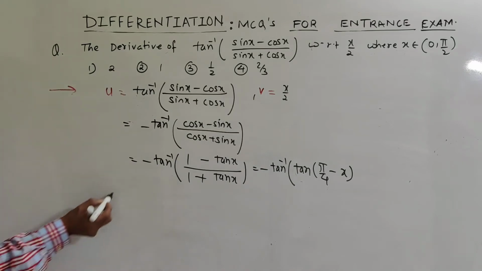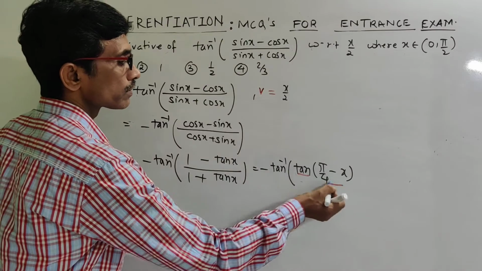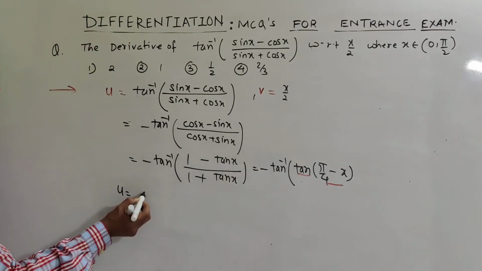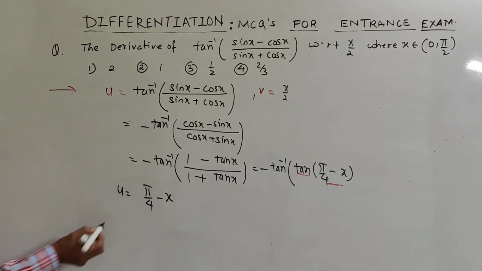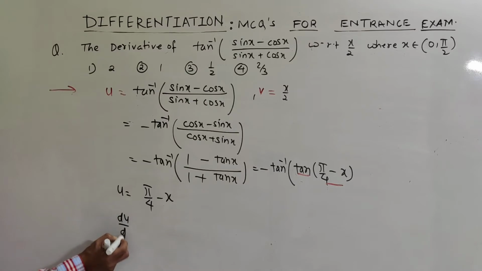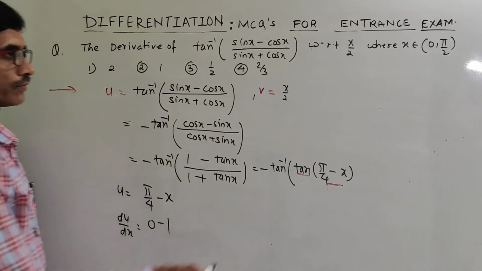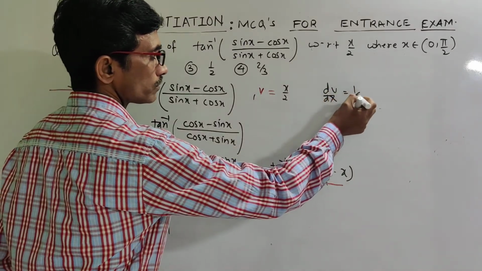Now this u is equal to tan inverse of tan of pi by 4 minus x, and that is equal to pi by 4 minus x only, and du by dx will be equal to the derivative of this, 0 and minus 1, where dv by dx is equal to 1 by 2.